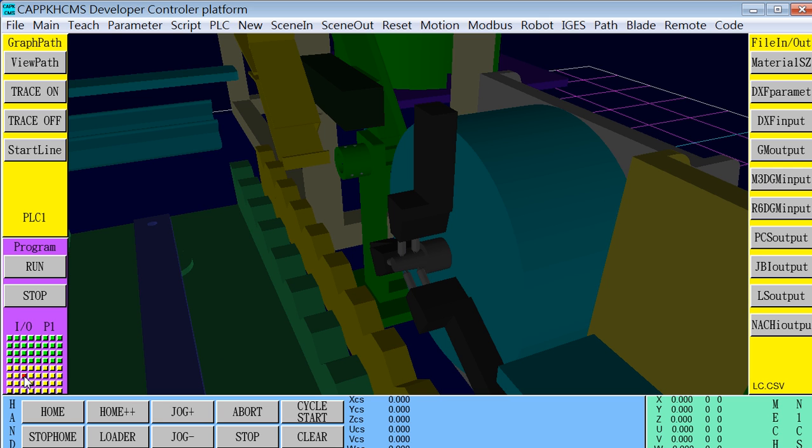And then Y11 off, remove. Then we can recheck the jump back, finish the process.